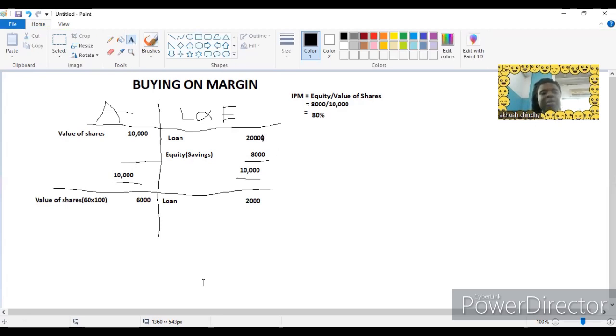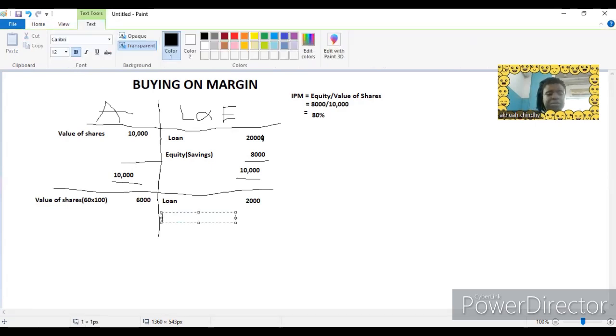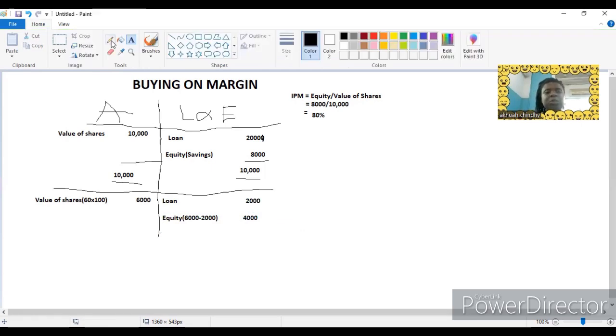For equity, it will change, and it will be the value of the shares, which is now just the asset, minus liability, and you get 4,000. So now we are balancing the equation. Okay, so we'll have 6,000 on both sides.